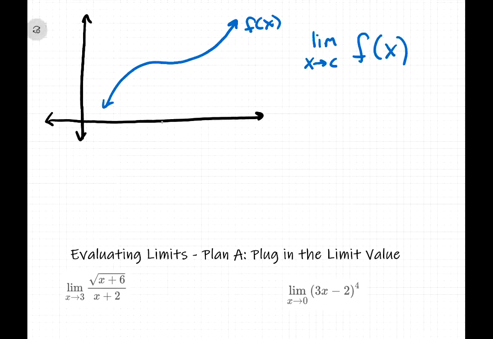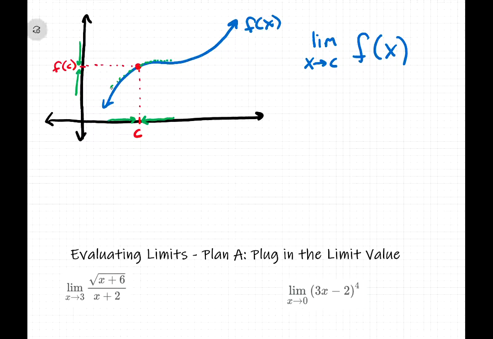Well, if this is c, here's the point on the graph, and here is f of c. As the x values approach c from above and below, the y values are getting closer to f of c. And so f of c is defined, and we have a point on the graph, so the function is continuous.